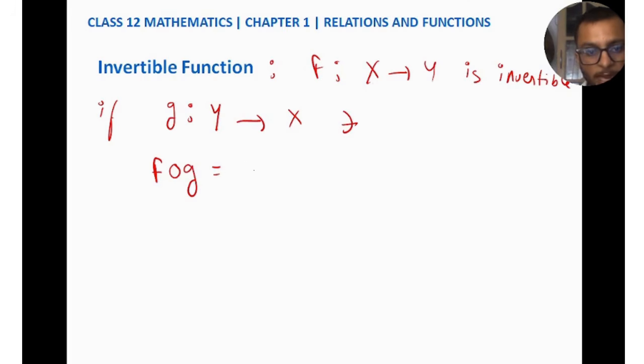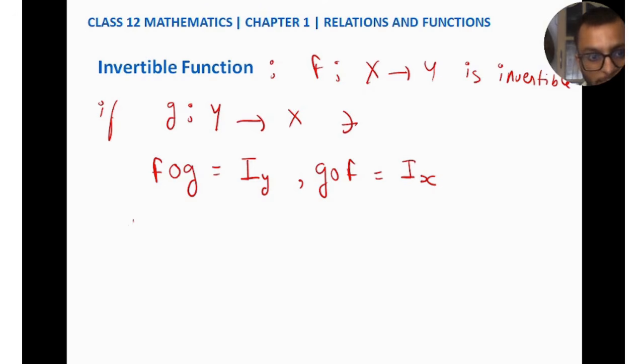So you should have f of g as identity, but this identity I will denote by I_Y. I will tell you why I am denoting it like that. And similarly, you should have g of f as the identity function, and here I am denoting it as I_X. Why am I denoting it as X and Y?